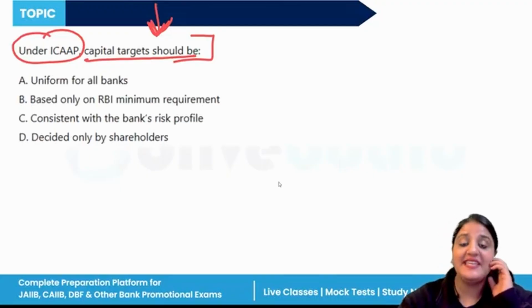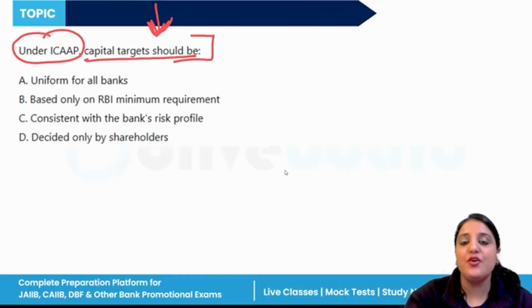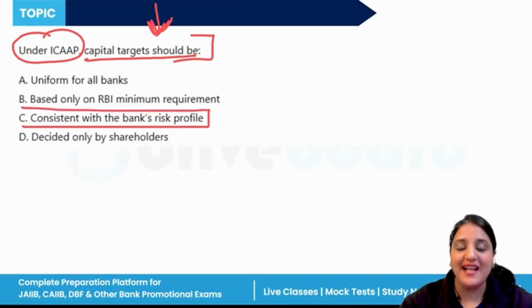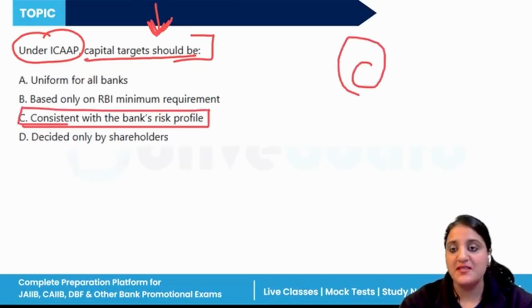So under the ICAAP, capital targets depend on the risk profile. Capital target must align with the risk exposure. So which answer is correct? Option C, obviously: consistent with the bank's risk profile.